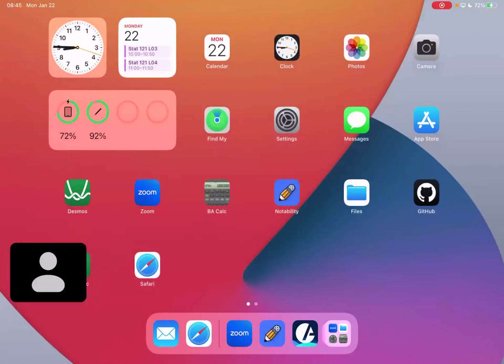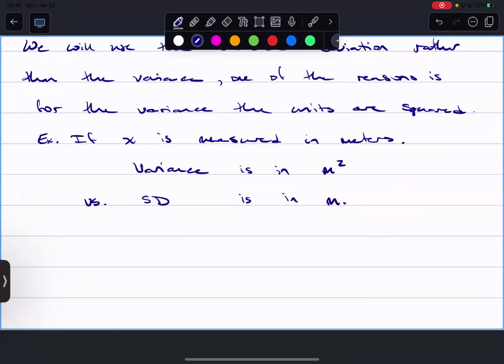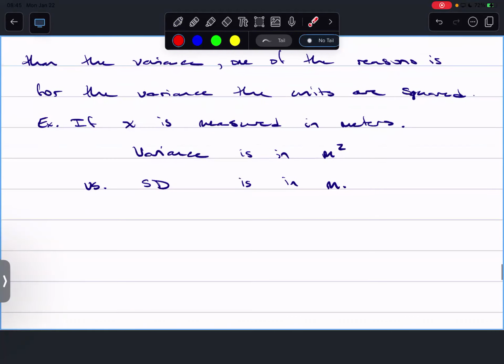False alarm, maybe. So that's why we're going to use the standard deviation in general. Later in courses in statistics, you would use the variance, but they're the same because one's the square root of the other.